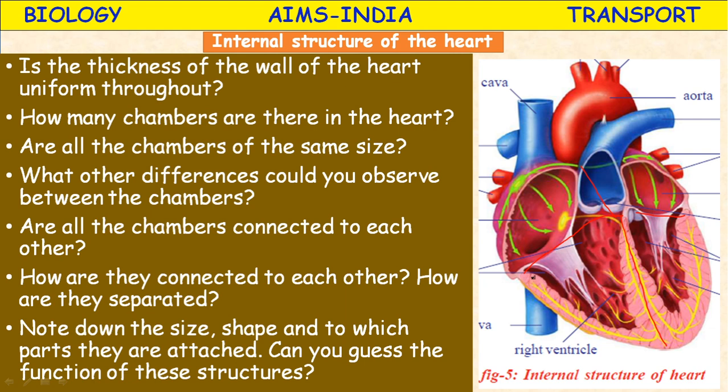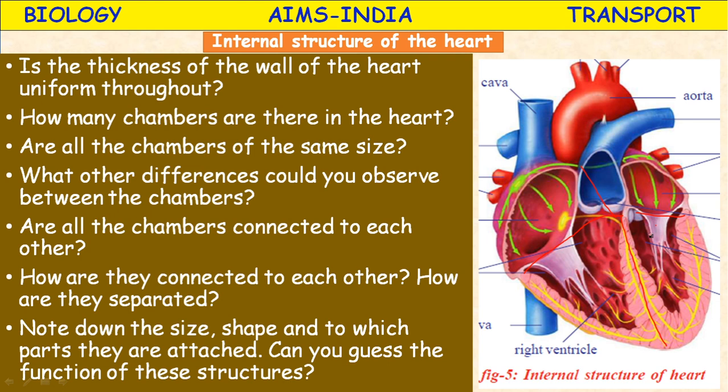The right auriculoventricular aperture is guarded by the tricuspid valve, which regulates the flow of blood from the right auricle to the right ventricle. In the same manner, the left auriculoventricular aperture is guarded by another valve, called the mitral valve or bicuspid valve.